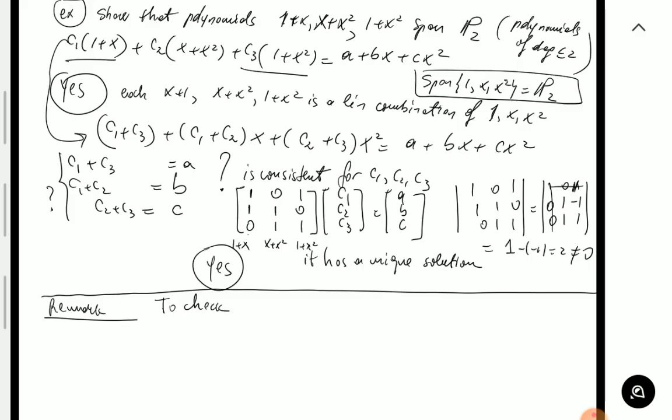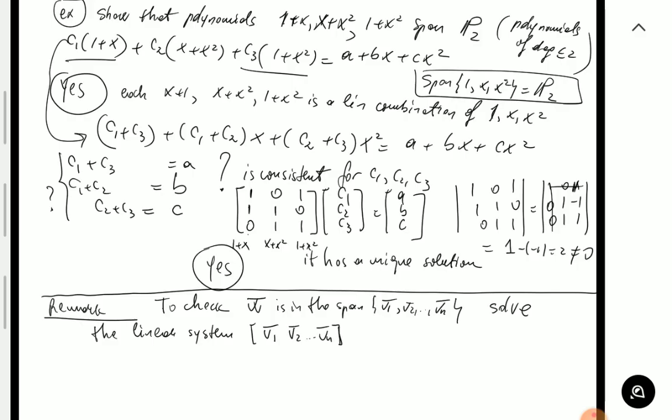To check that w is in the span of a bunch of vectors is equivalent to solving, so to check this, solve the linear system, which in matrix form is given by the vectors v1, v2, up to vn by columns, augmented with the given vector that you want to check.